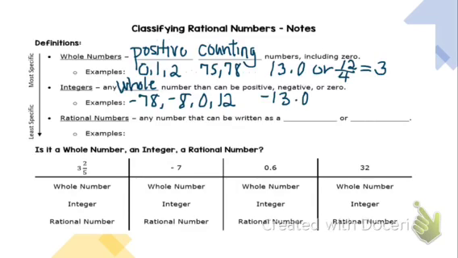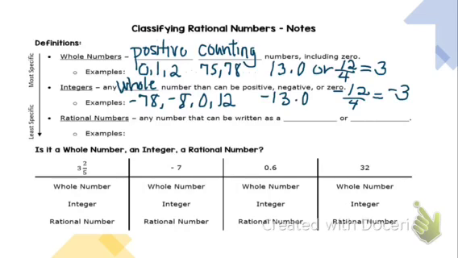And we can do the same thing with 12 over 4. We can make that a negative 12 over 4, and when you simplify it and reduce it, that's a negative 3. So then that becomes an integer.